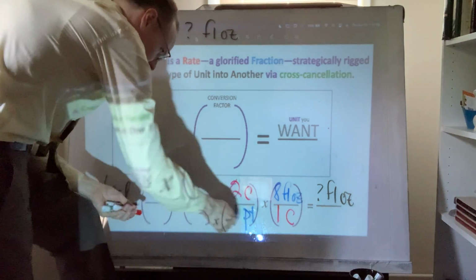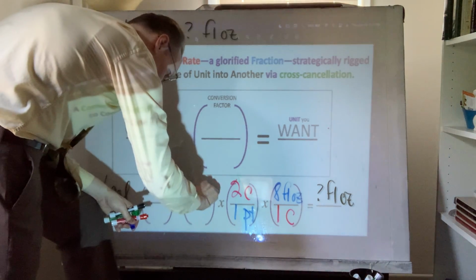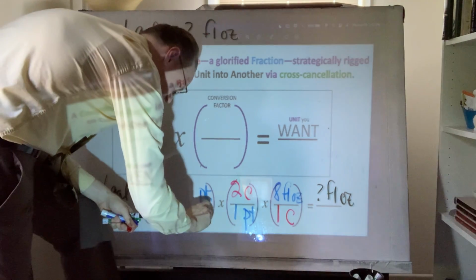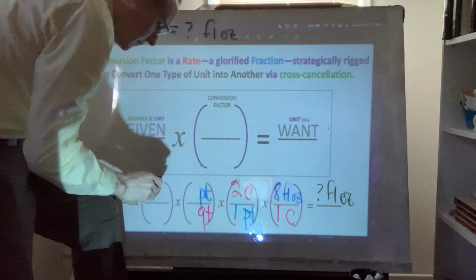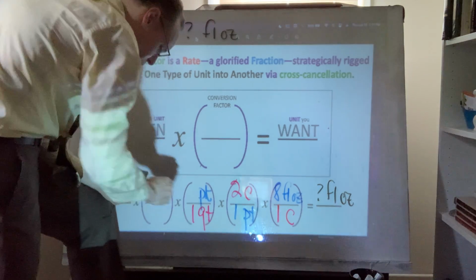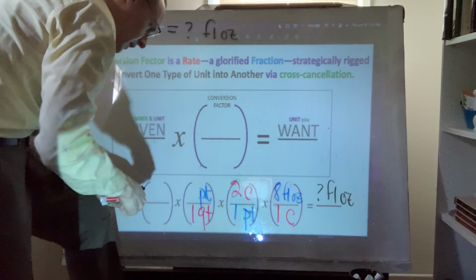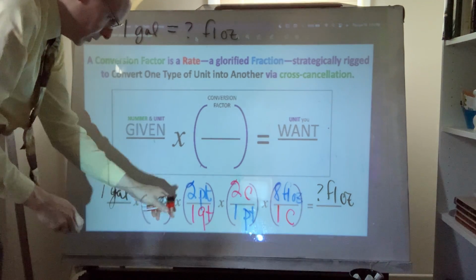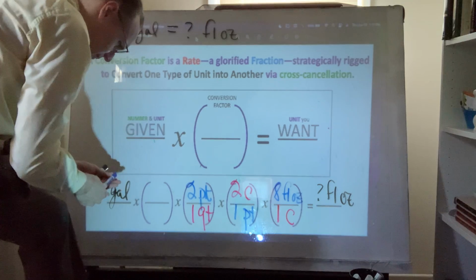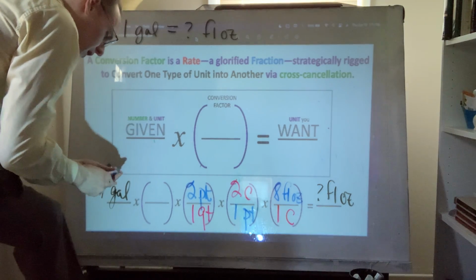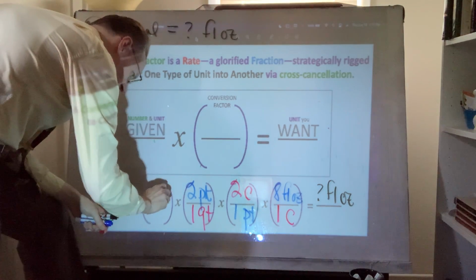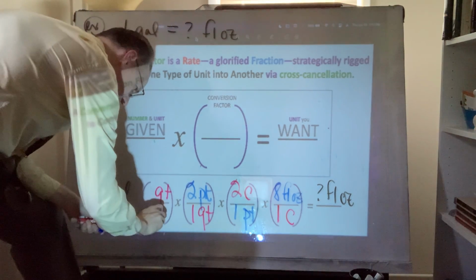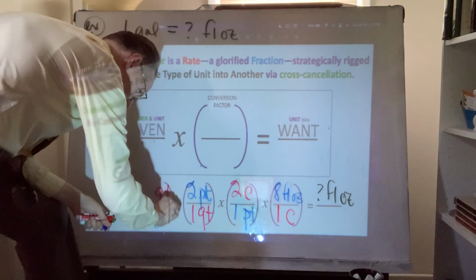If you want to cancel pints, pints can be converted directly to quarts, which is abbreviated QT. And in 1 quart, there are 2 pints naturally. Still not quite the unit that we want, but unusually I'm working backwards this way. Quarts can be directly converted to gallons. So we will finally have this satisfaction of cross cancellation.